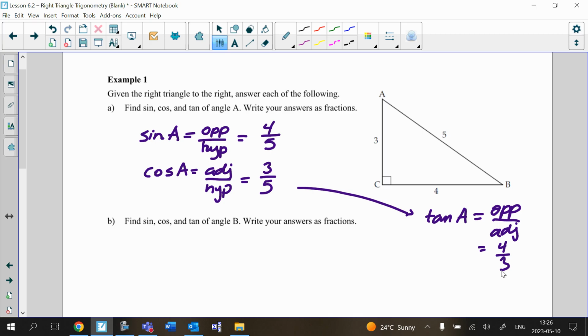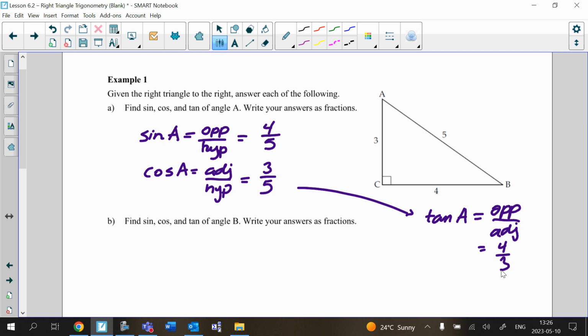And then to find the sine, cos, and tan of angle B, we just do the same thing, except now we're talking about angle B, which means the opposite side and adjacent side are going to switch. The hypotenuse is still 5, but the opposite side is now going to be 3, and the adjacent side is now going to be 4.